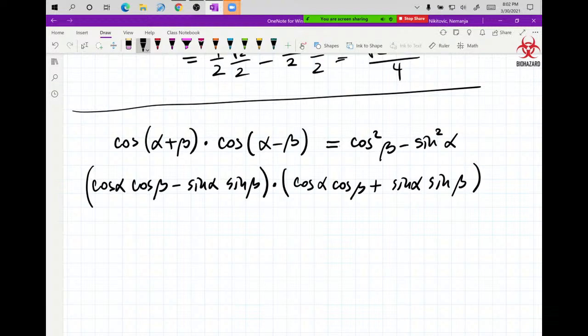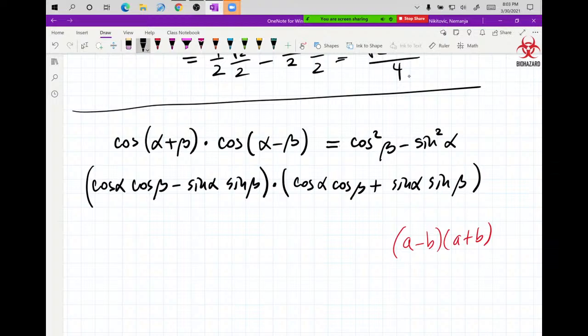And we are supposed to multiply this, but depending on your algebra, you have an (a minus b)(a plus b) situation here, because this term is the same as that term, and the sine terms are the same, and just one is minus, one is plus.